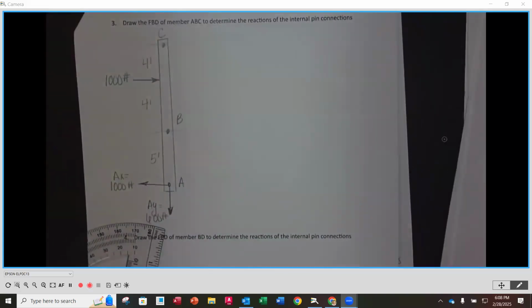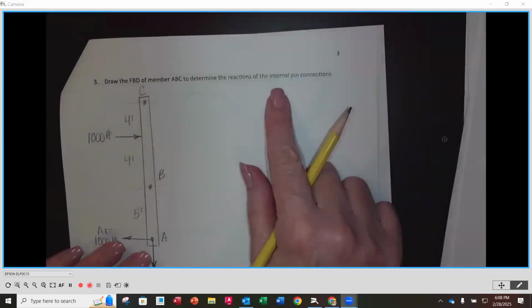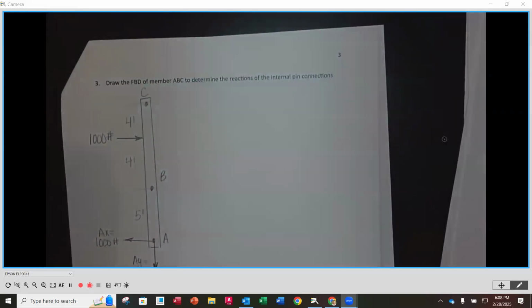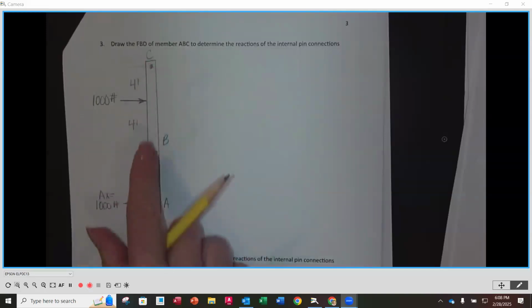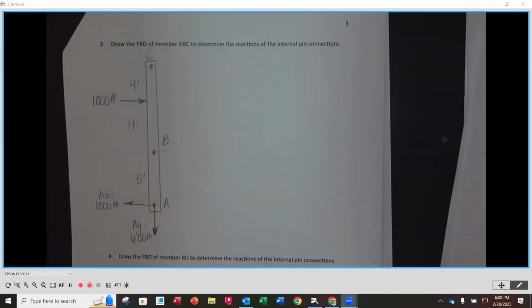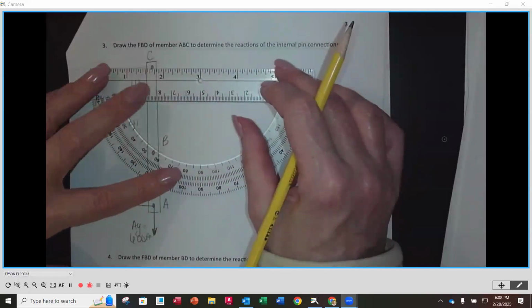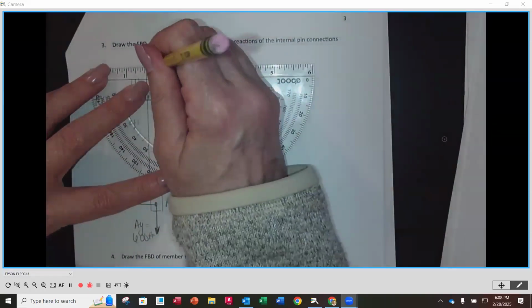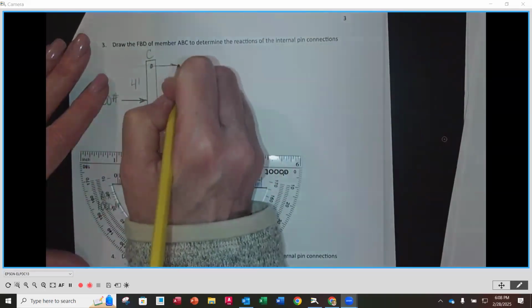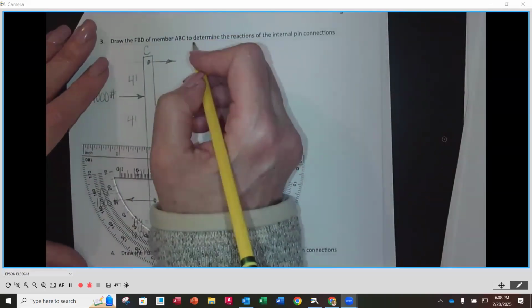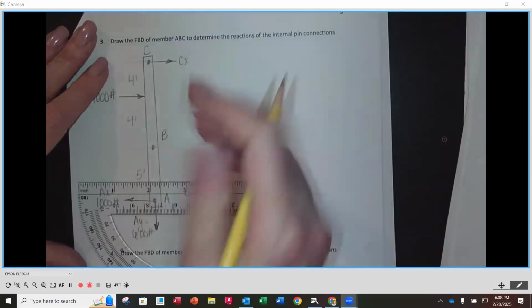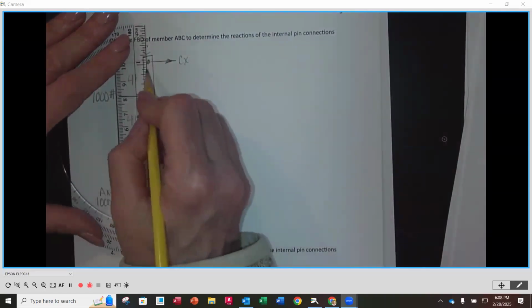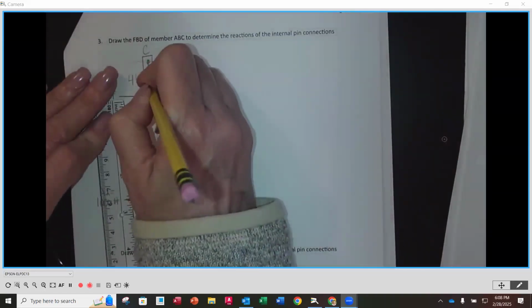Now, on this member, we want to also add these internal pins. It's like we took it apart and we're now going to look at what the reactions are at the internal pin connections, which are at C and at B. Because they are pins, they're both going to have an X and a Y. I'm not going to necessarily know exactly what the value or the direction is going to be at this point, but I'm just going to assume a direction, and use what they're using on the diagram.